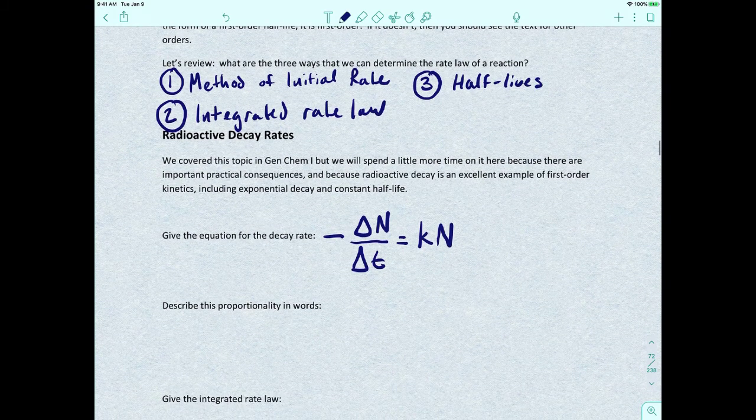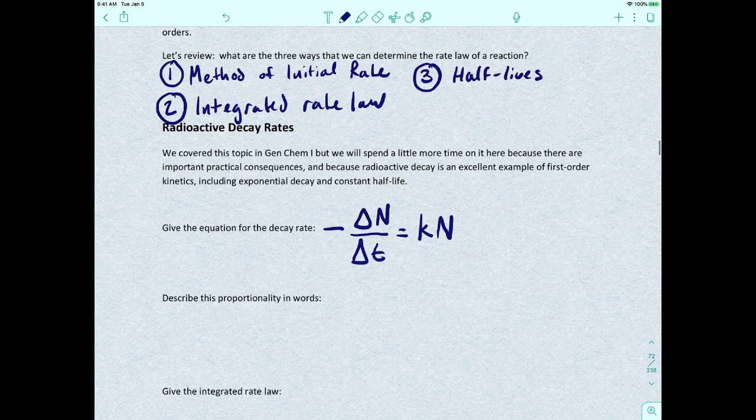Now, if we're going to describe this proportionality in words, it would go like this: the rate of decay decreases proportional to the concentration.